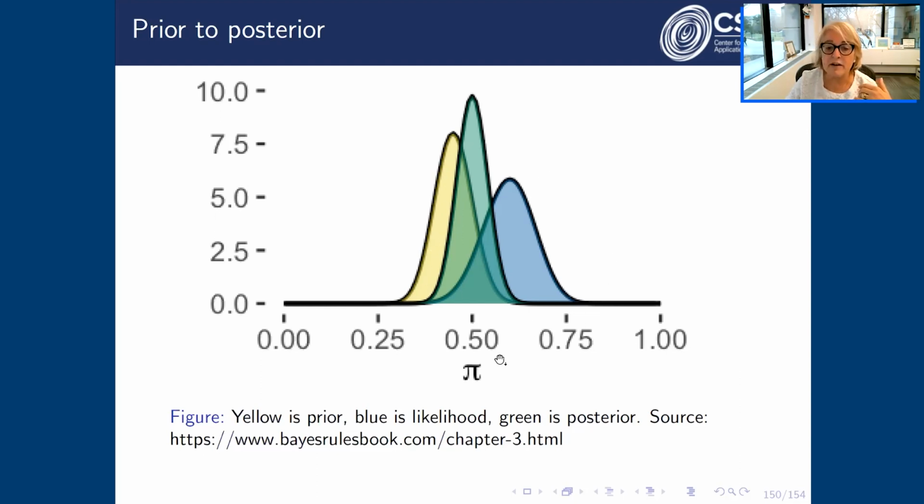In fact, if I have a very, very large sample, the data simply swamps the prior information. So the prior information is important and influential when I have a very small sample. When I have a large sample, the prior information doesn't contribute much.